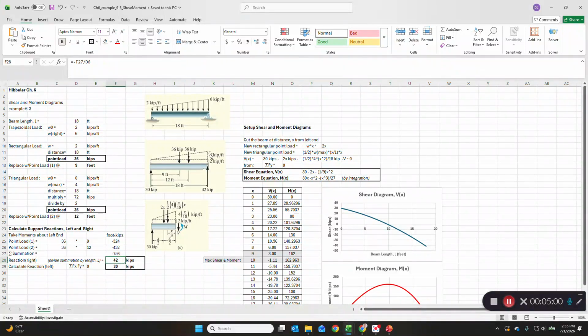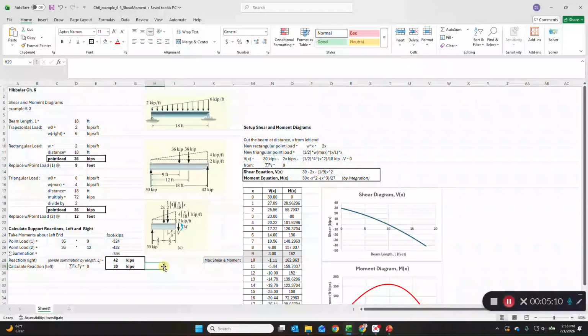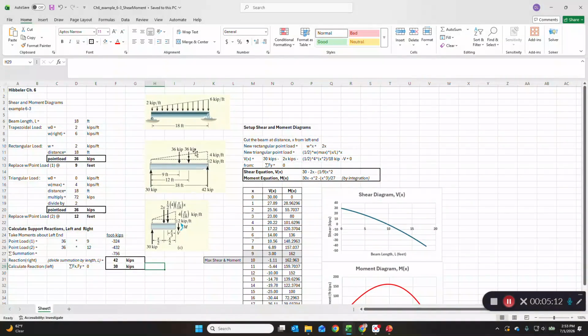So 42 kips is the load at the right end. And because the sum of the forces in the y direction is 0 and there are no forces in the x direction to deal with, then 36 and 36 down is 72. So you must balance that with 72 kips up. So 72 minus 42 is 30. That's the easiest way to do this.